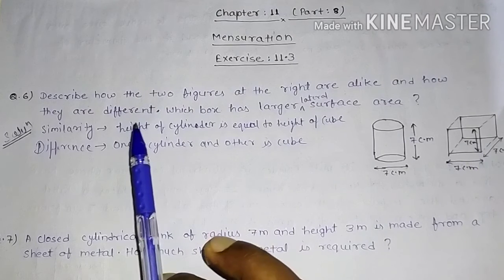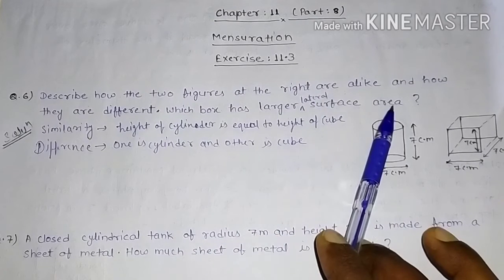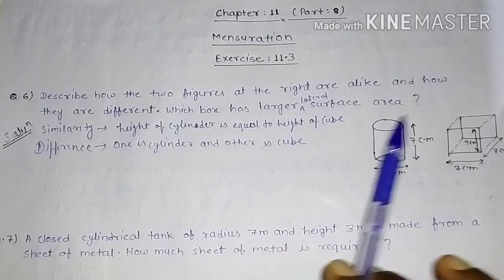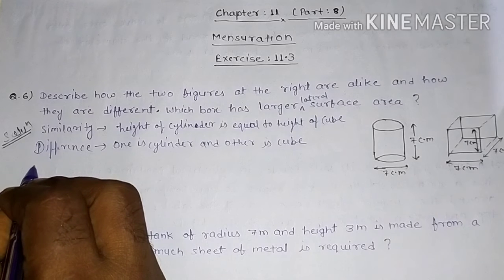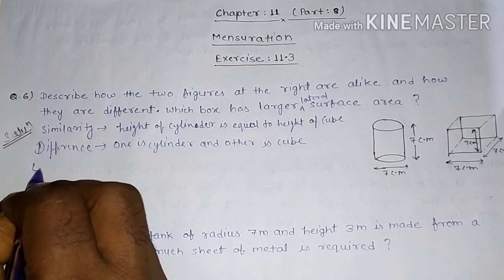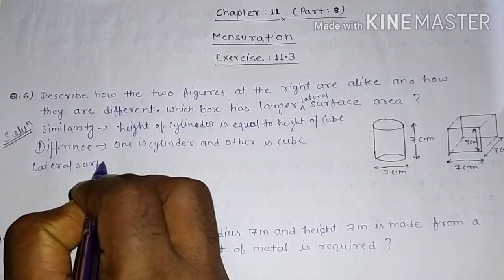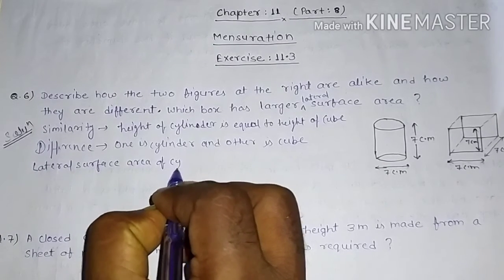And the next statement, which box has larger lateral surface area? So simply we have to find the lateral surface area of both figures. So we can write lateral surface area of cylinder.